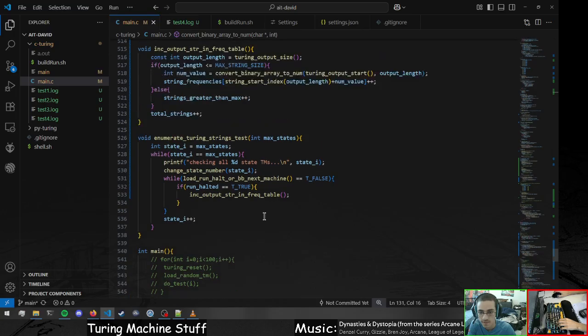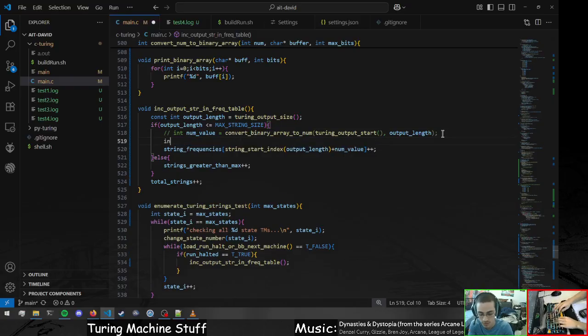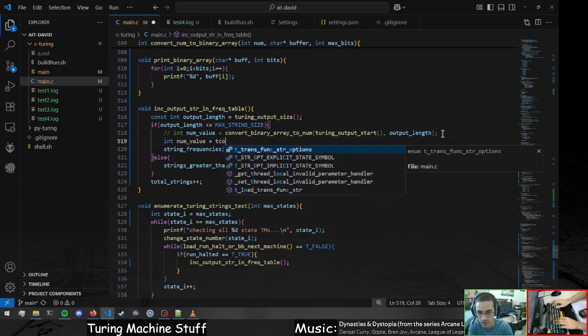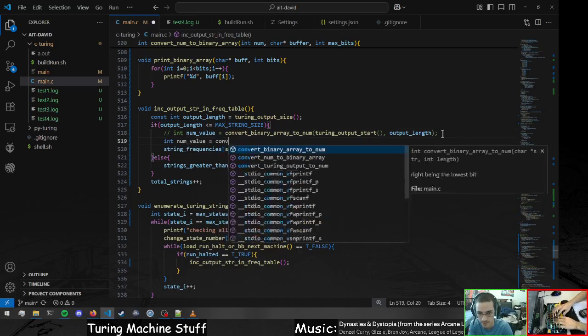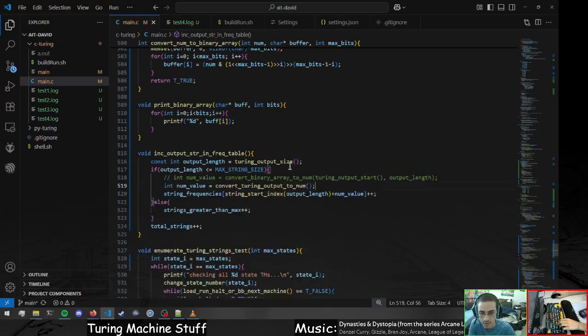Let's check if that works. So we can do this. We're gonna say num value equals convert Turing output to number. Lovely.